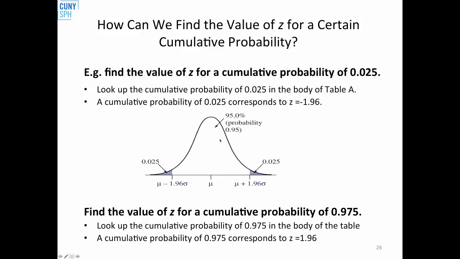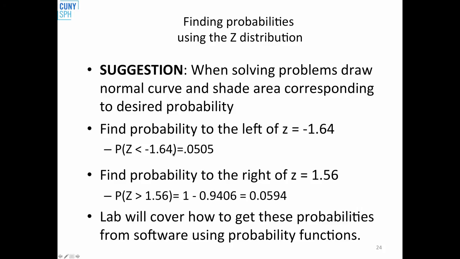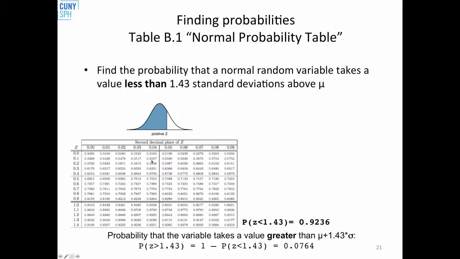So for example, to find the value of z for a cumulative probability of 0.025, you find 0.025 in the body of your table.